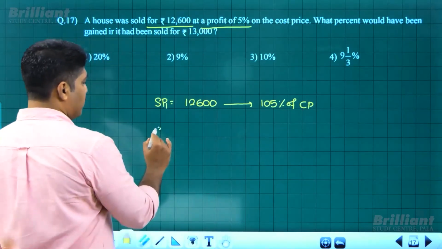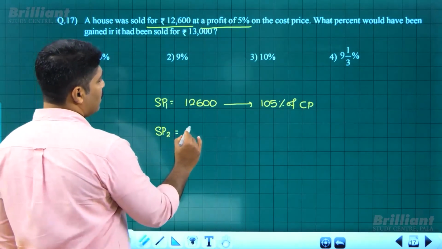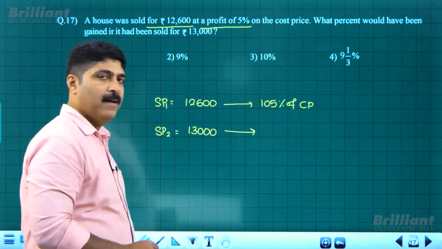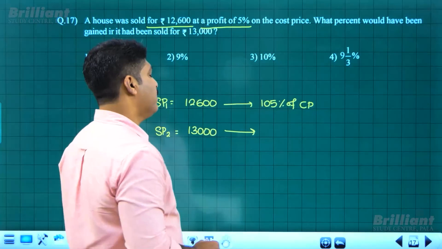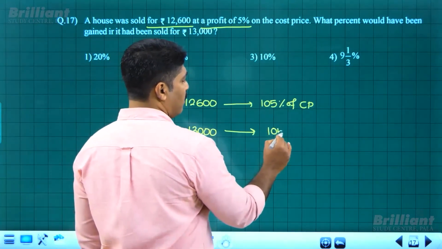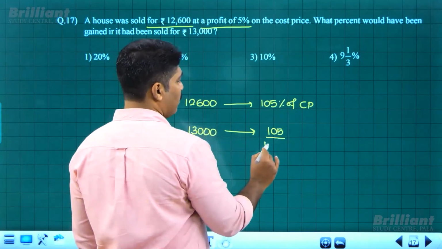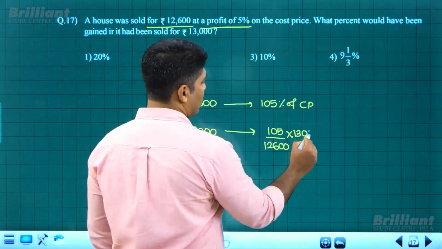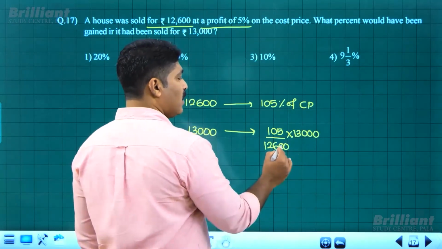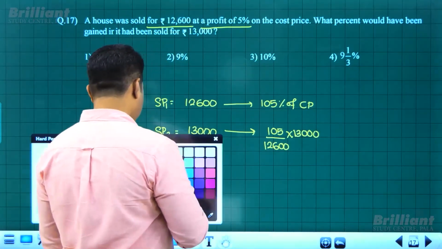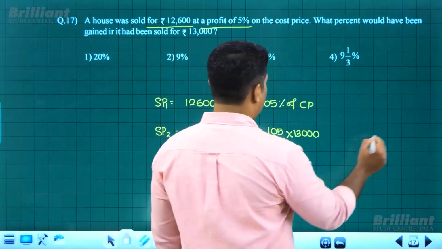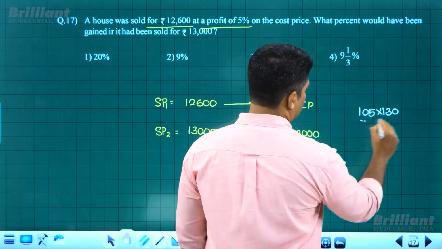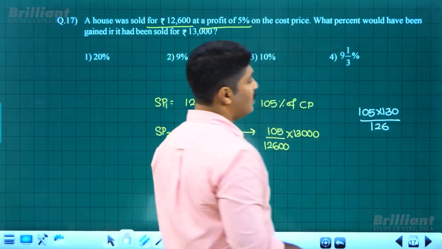In such a situation, if we consider selling price 2, that is 13,000, how much will it become? That's a direct unitary approach here. So this is 105 divided by 12,600 into 13,000. You just do the simplification here. If you do further simplifications, it will be 105 into 130 divided by 126.